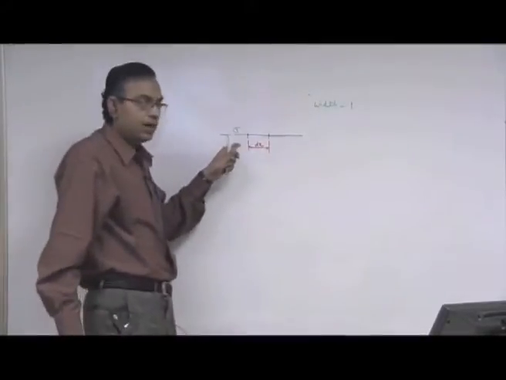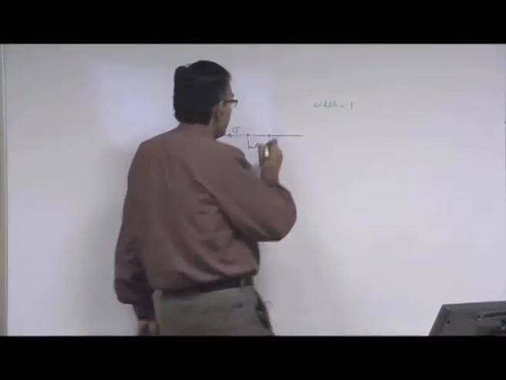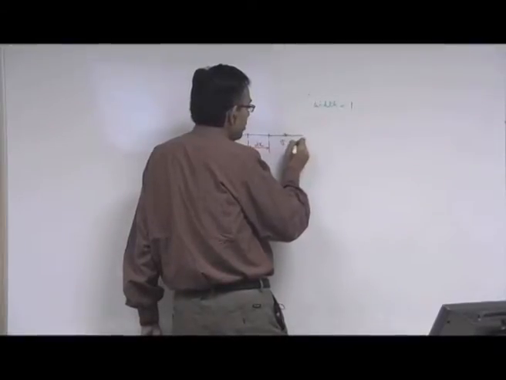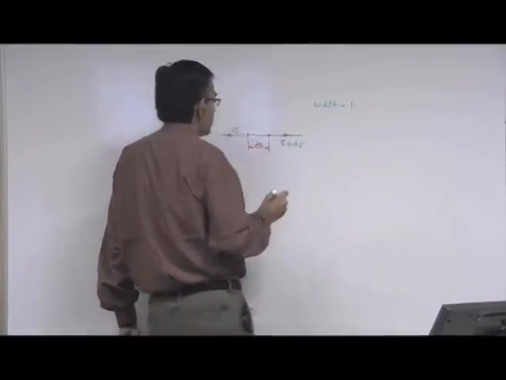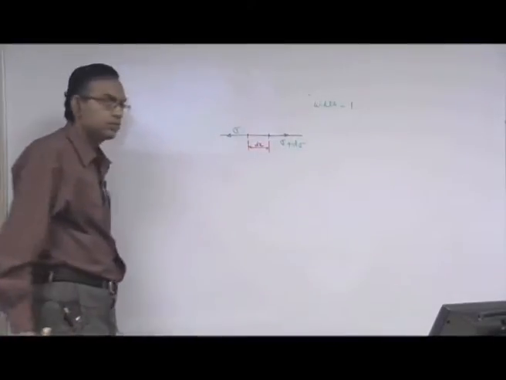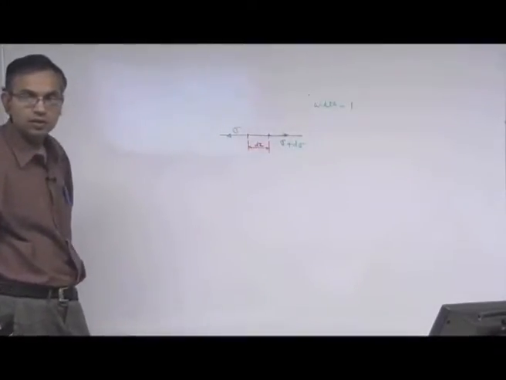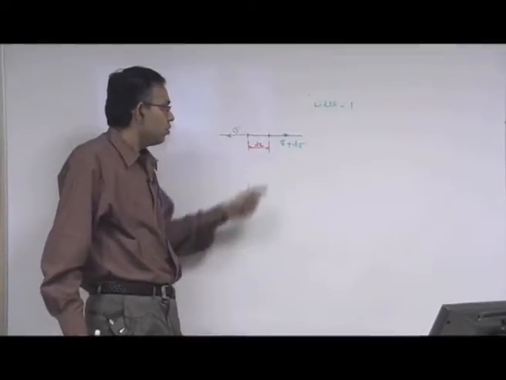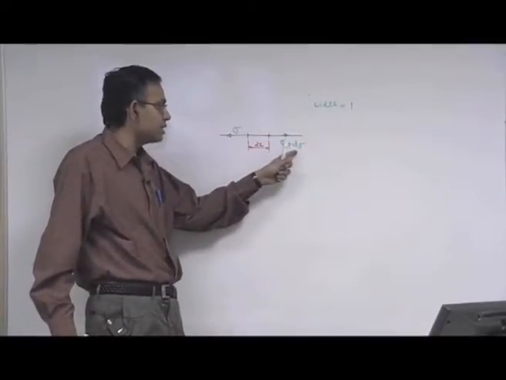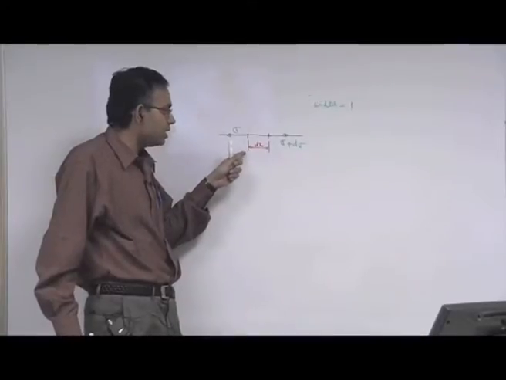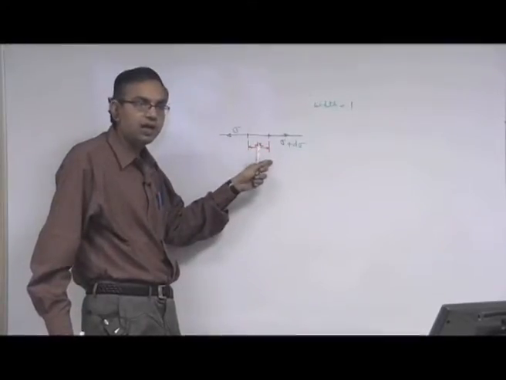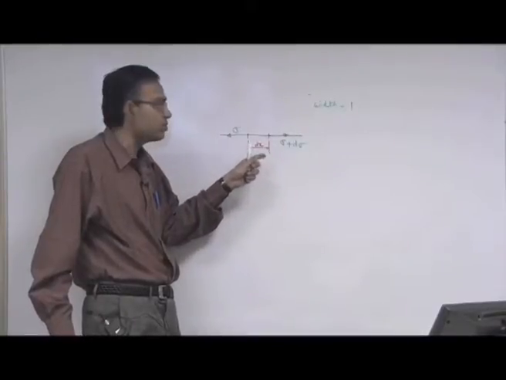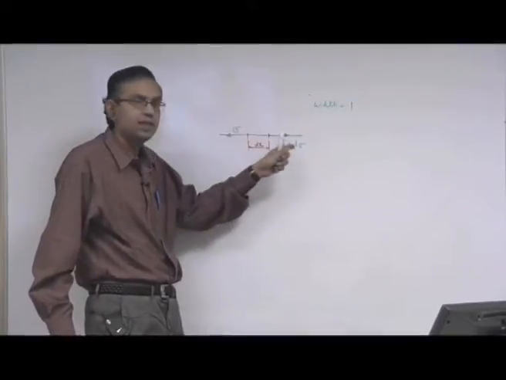So this is sigma, and here the surface tension coefficient is sigma plus d sigma. Why is this sigma plus d sigma? Because maybe there is a temperature variation along x, and because of the temperature variation there is a surface tension variation, so sigma has changed to sigma plus d sigma.